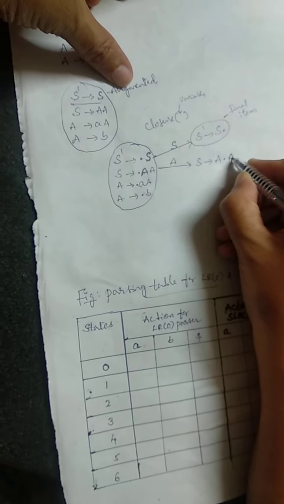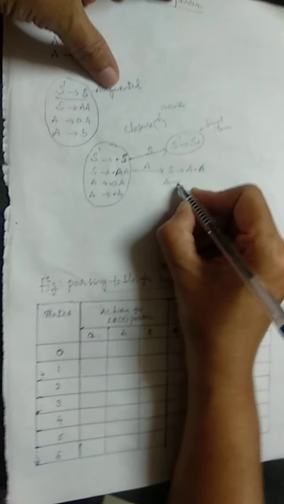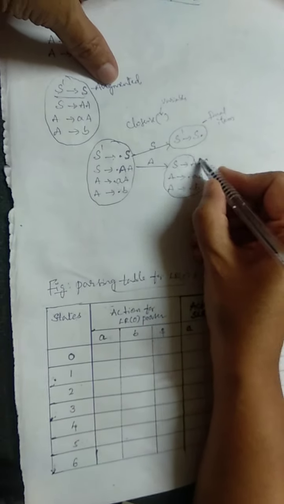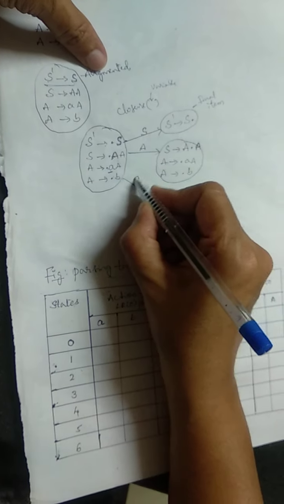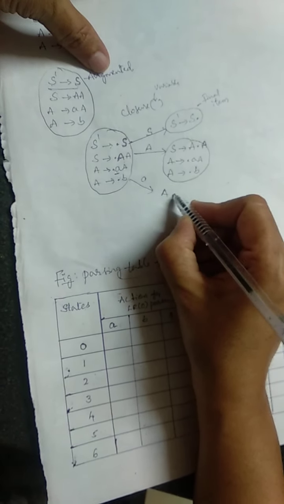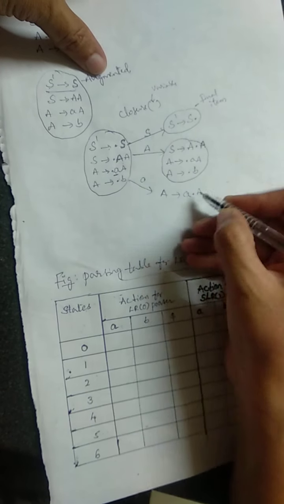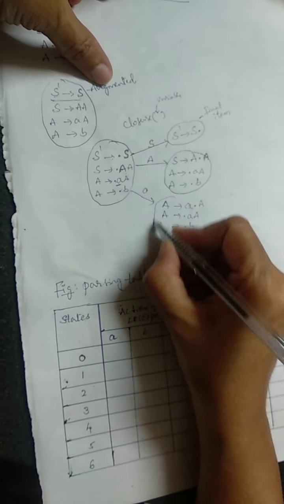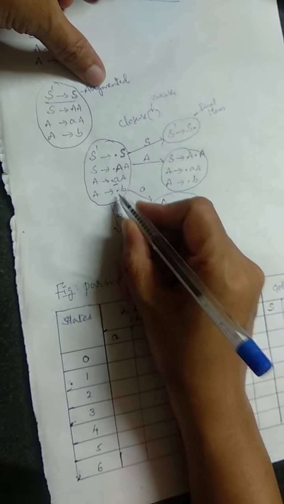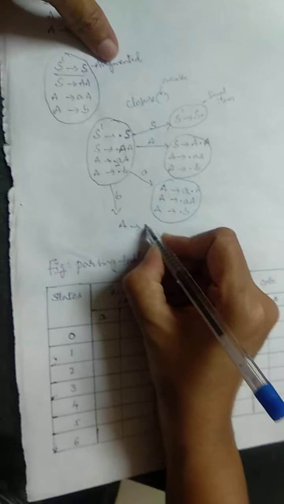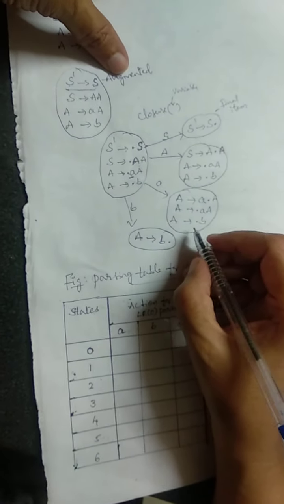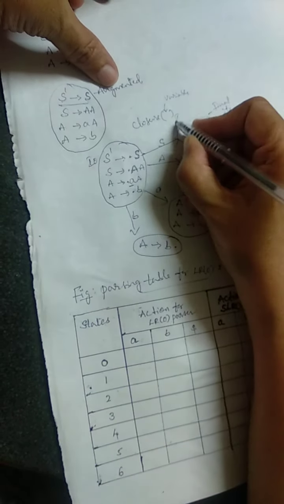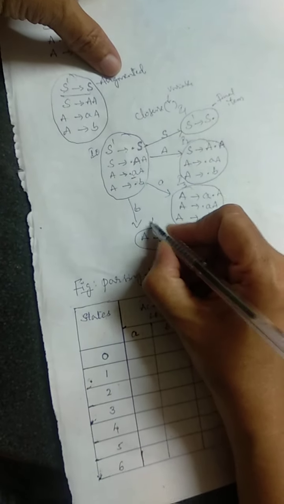Now the dot is present in front of A, so write the A productions: A implies dot AA and A implies dot B. Next, after seeing the input symbol A, A implies A dot A. Again the dot is present in front of A, so include the A productions. Next, after seeing the input symbol B, A implies B dot.